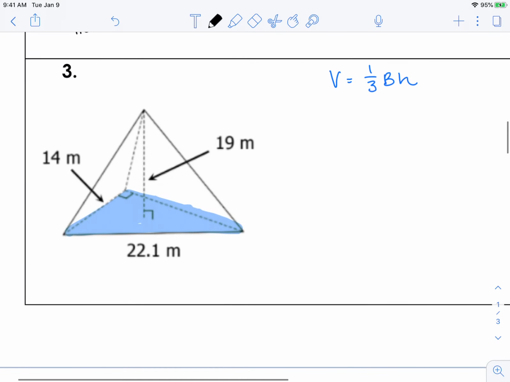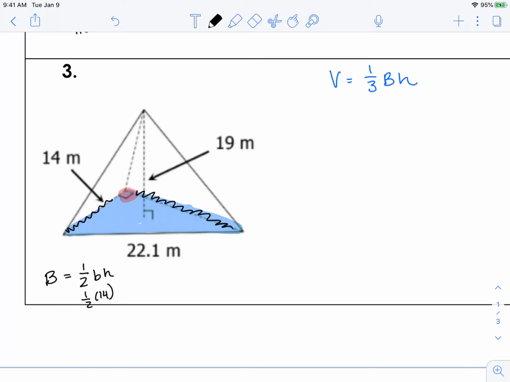Okay, and let's do one more pyramid one. Now this one, the base is a triangle. And so area of the base is going to be 1/2 base times height. Now here is my right angle. So one of those is 14. Now I need to figure out what this side is.